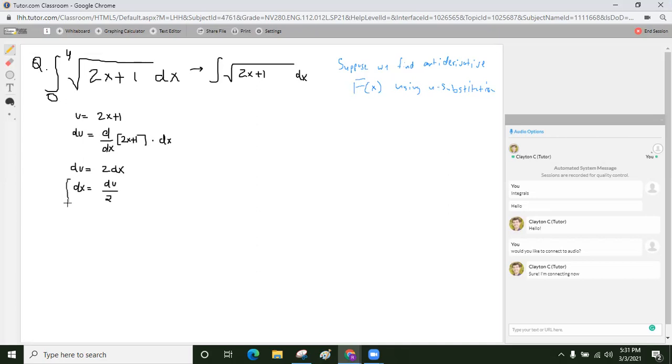Right. And then I guess we could transform our integral into, let's say, u to the 1/2, and we would have du over 2, which I guess we can write as 1/2, and then from 0 to 4, 1/2 du, and then take the integral.